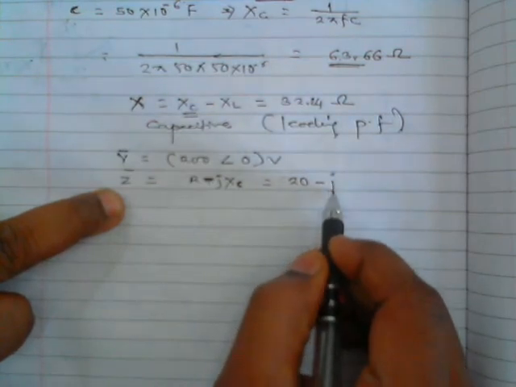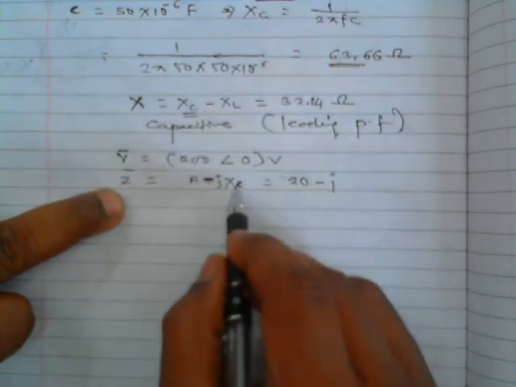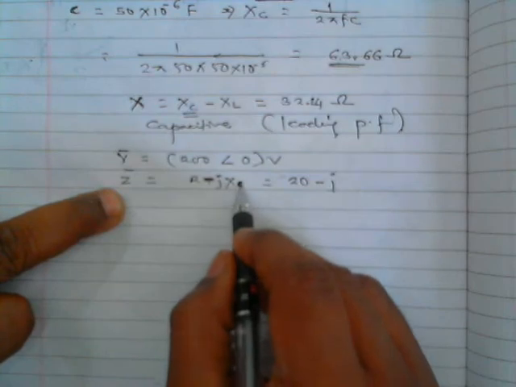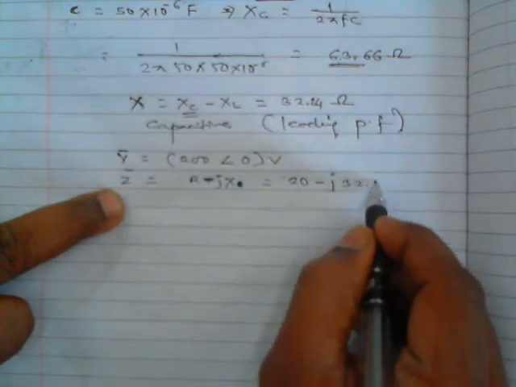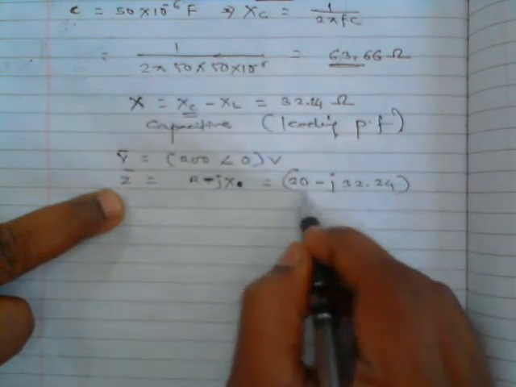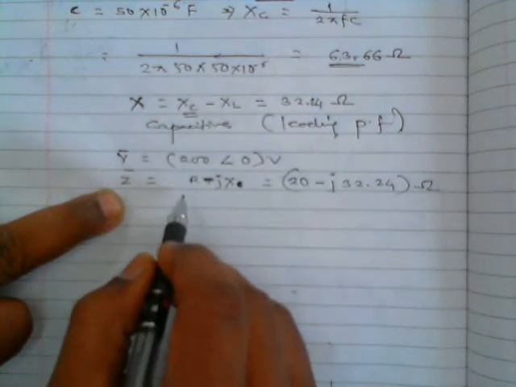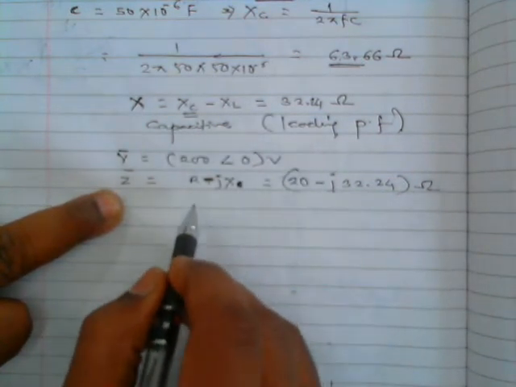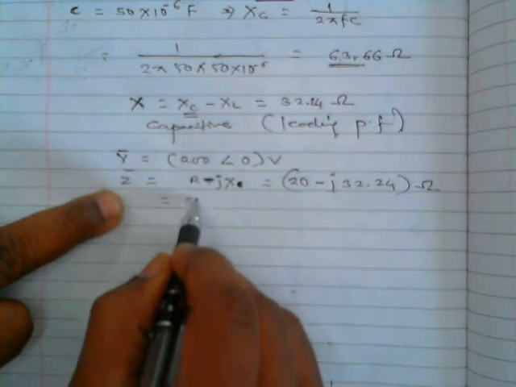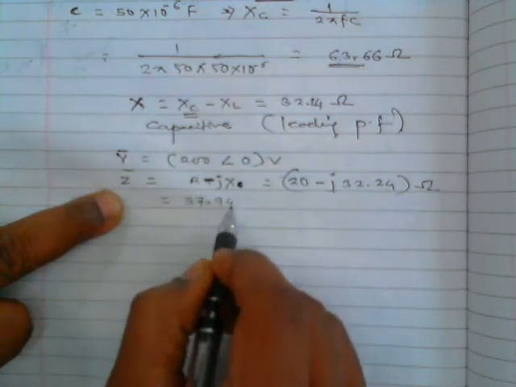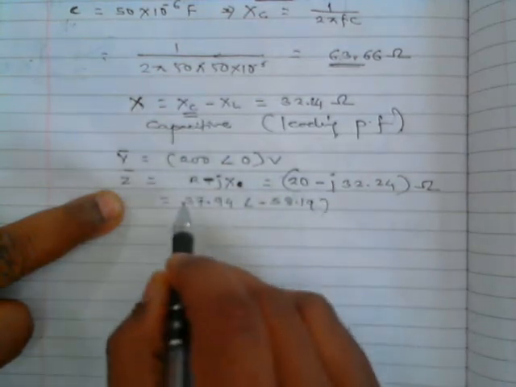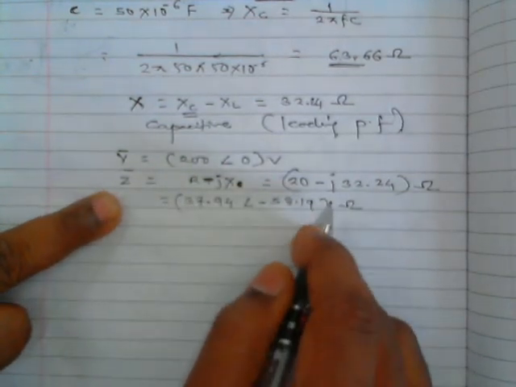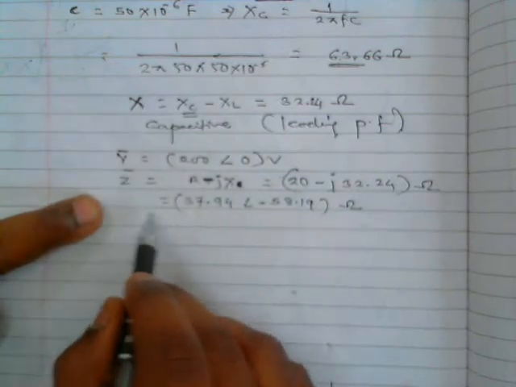Net X, that is XC minus XL, in our case is 32.24 ohm. This is Z bar. Now convert it into polar form and you will get 37.94 at an angle minus 58.19 ohm. Now this is the complete polar form.